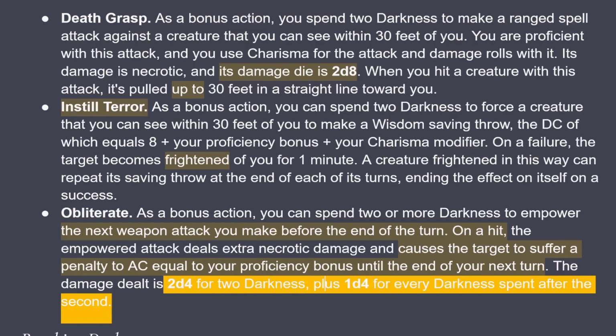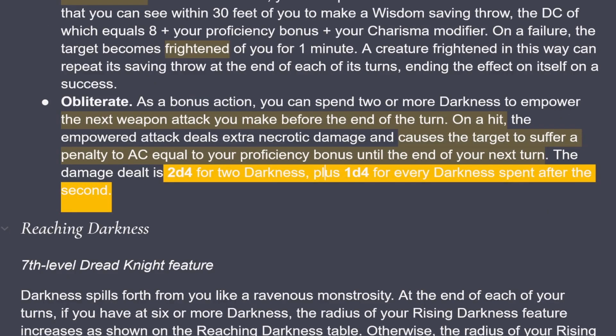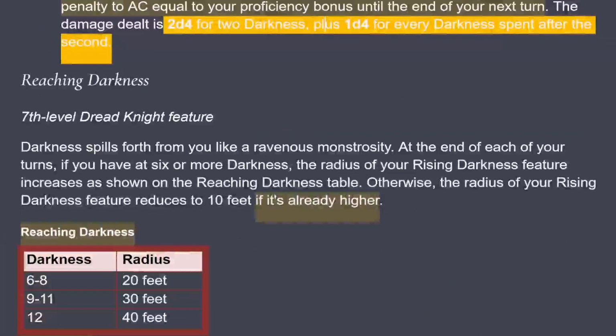really make sense to spend extra darkness for a d4 of damage when, let's say, at level 7, just when you get this, your proficiency is still +3, and you can have up to 6 darkness. Let's say you get to your 6 darkness cap at the end of round 1.